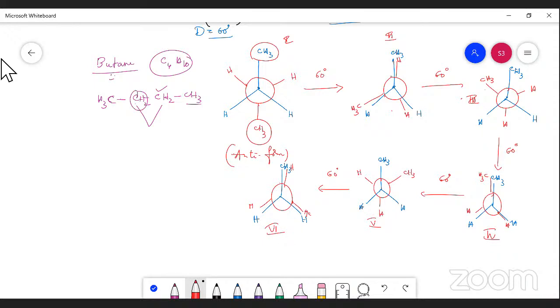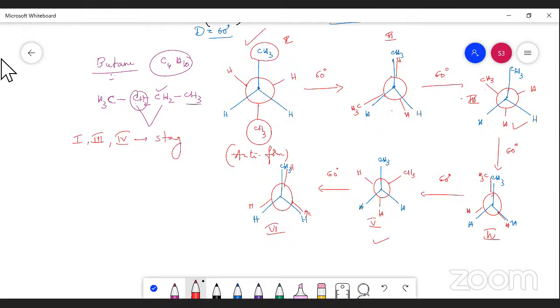Out of all six structures, we clearly observe 3 staggered forms. What are the 3 staggered forms? If the dihedral angle is 60 degrees, then that form is called a staggered form. Structure 1, structure 3, and structure 5 are the staggered forms.